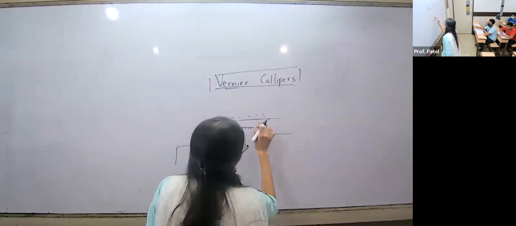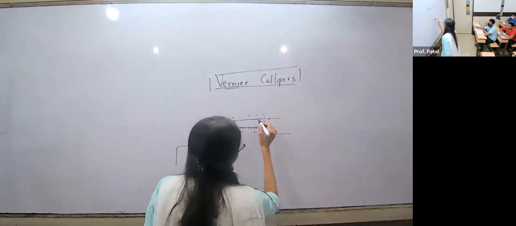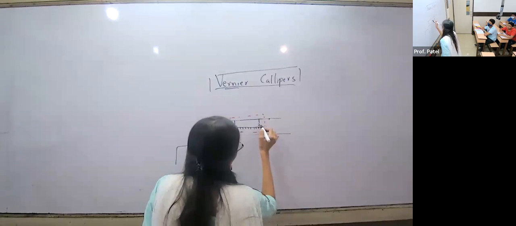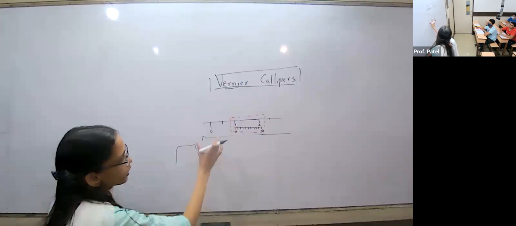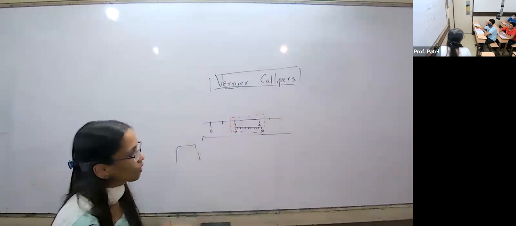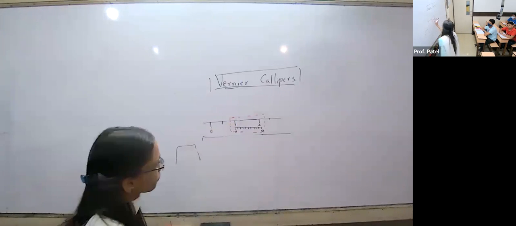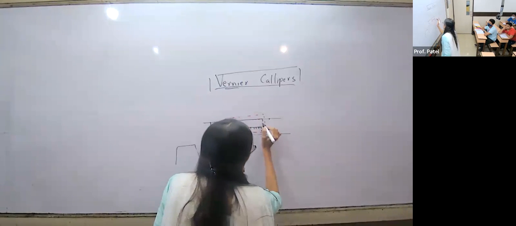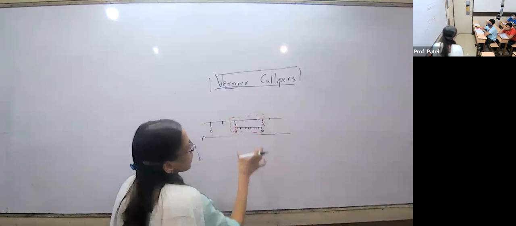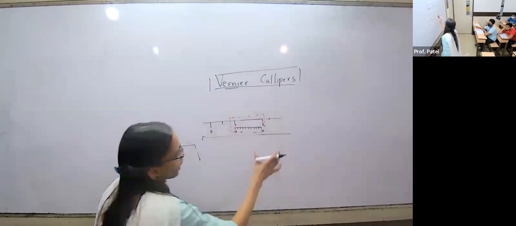Pay attention to what changes I am making. So we're going to ask you on this part. This is my 1 centimeter. Okay. This is my another 1 centimeter, and likewise it goes.